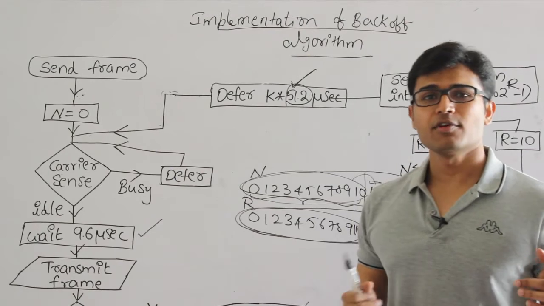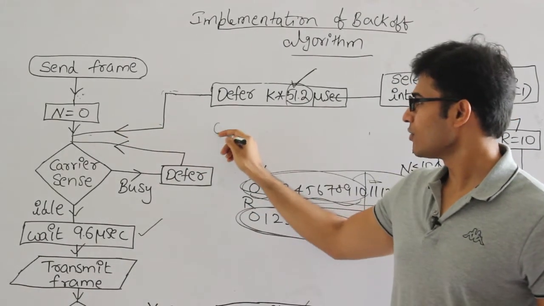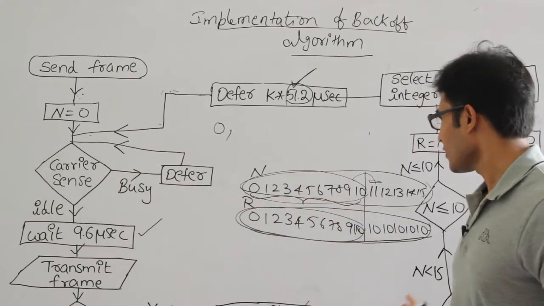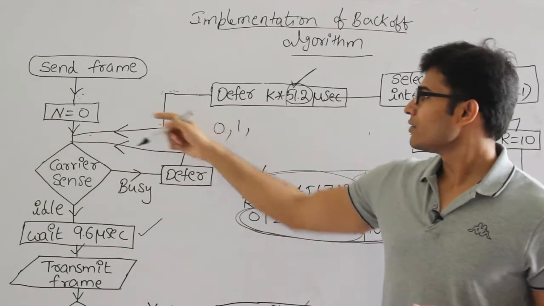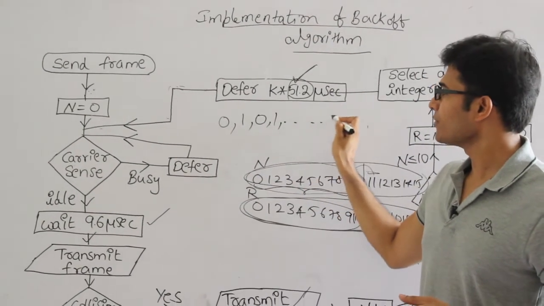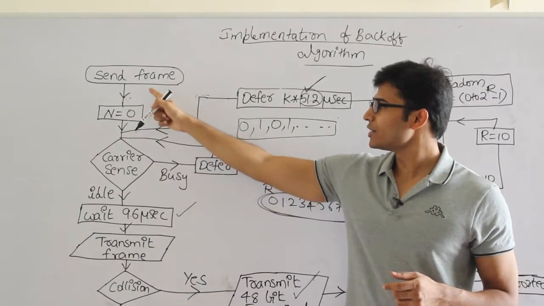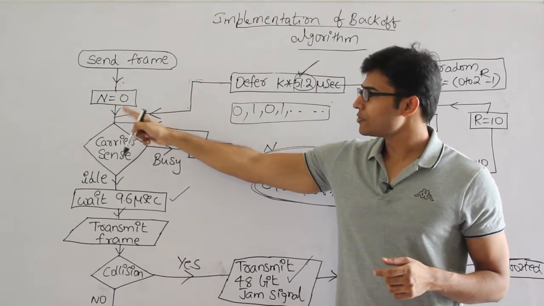So for every packet, even after 100 collisions, it will still be getting 0. Initially it will get n equal to 0, then it will come across this path with n equal to 1. Again you are going to make n equal to 0. Again it will come at n equal to 1. So it will keep on happening. Therefore, you should be very careful when you are giving this edge. This edge should not be given here, it should be given here.